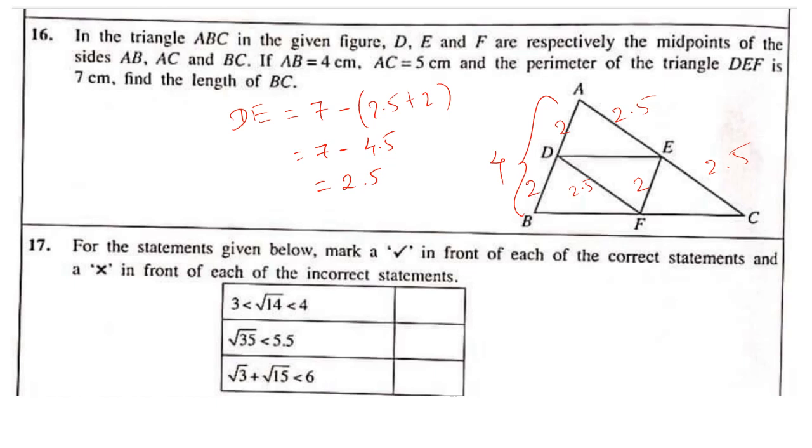And then DE is 2.5. Therefore, BC has to be 5 centimeters, right? So then you have to write BC is equal to 5 centimeters. So this is the answer.